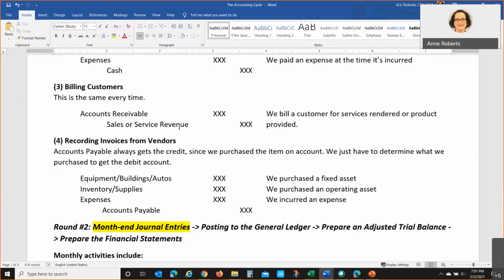Otherwise, we're looking at something that we can't even understand. I mean, that's part of the reason why accounting is so challenging. Number one, it's a little bit like a foreign language. It's a language that you haven't really been exposed to yet. It's also not a math class, it's a logic class. And everybody wants to make it into a math class, and it's not really a math class.